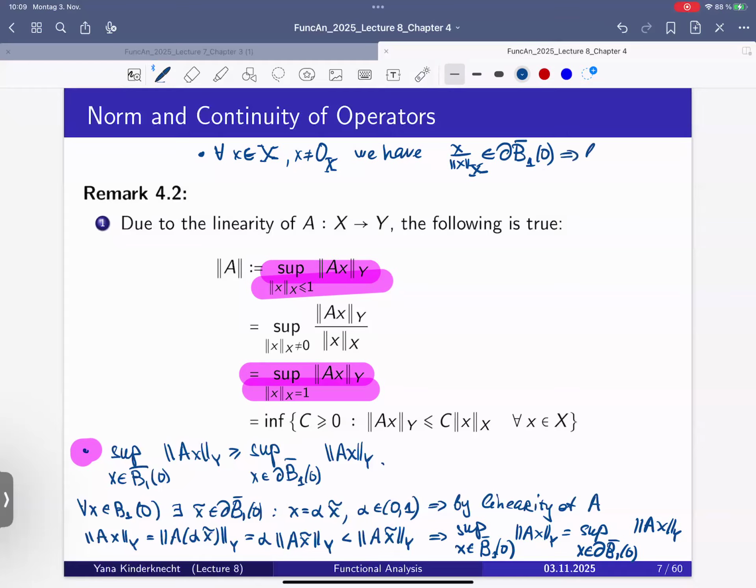Hence, by linearity of the operator A, what do we have?